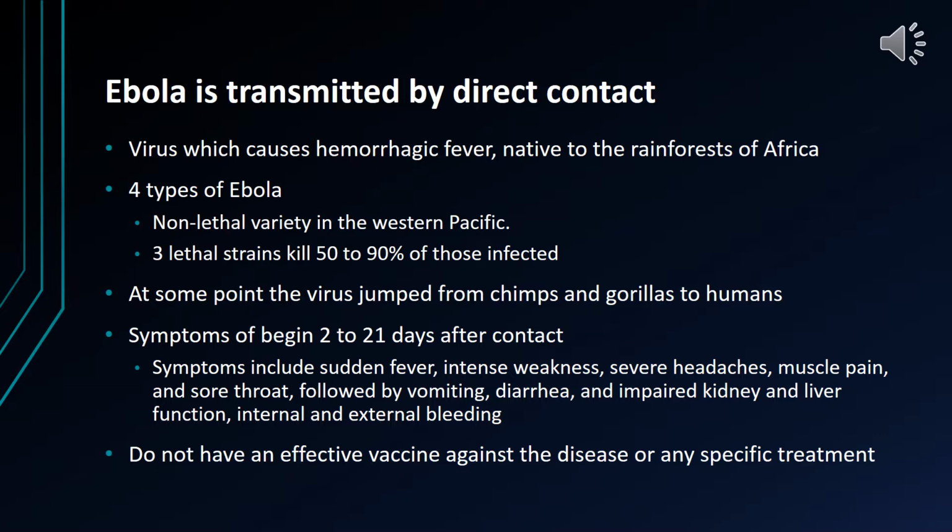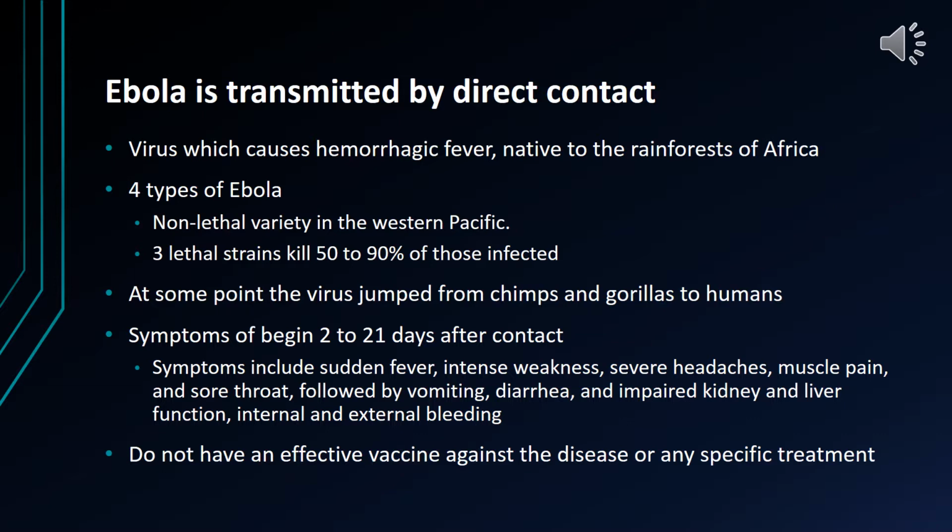Symptoms of Ebola begin 2 to 21 days after contact, and there's several of these, which include sudden fever, intense weakness, severe headaches, muscle pain, and sore throat, followed by vomiting, diarrhea, and impaired kidney and liver function.